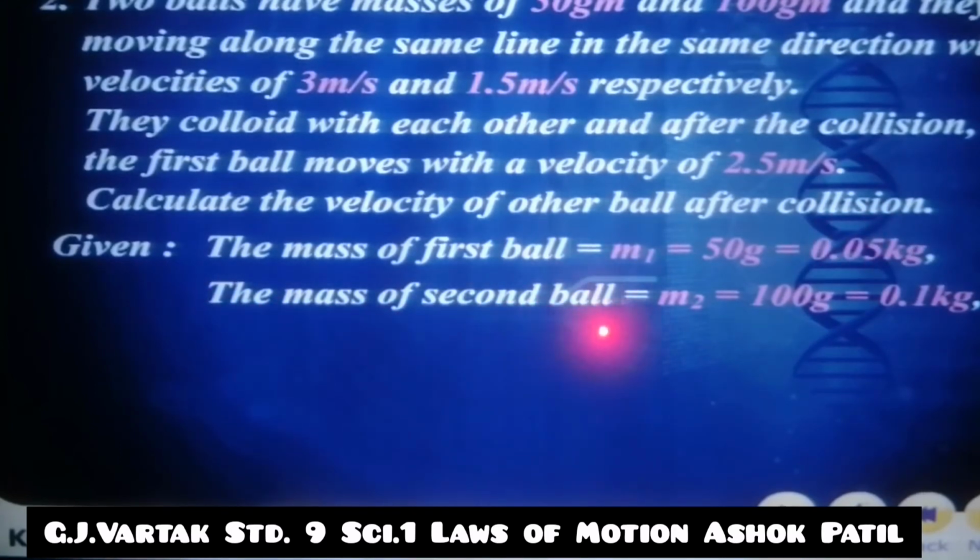The mass of the second ball is m2 equal to 100 upon 1000 is equal to 0.1 kilograms. When grams are converted into kilograms, you divide by 1000, because 1000 grams is 1 kilogram.